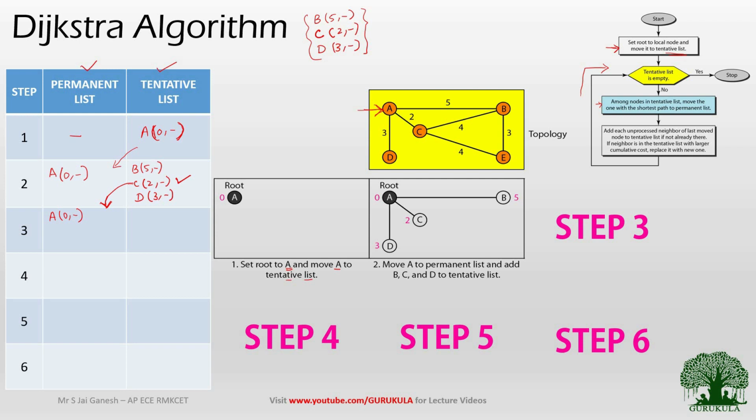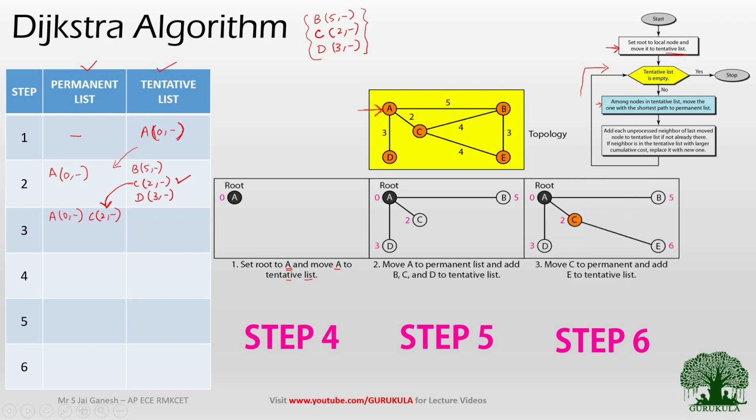So I will write C2 hyphen on the permanent list. Once that is done, I need to add the neighbors of C to the tentative list. Now let us see what list I get if I move C over there.